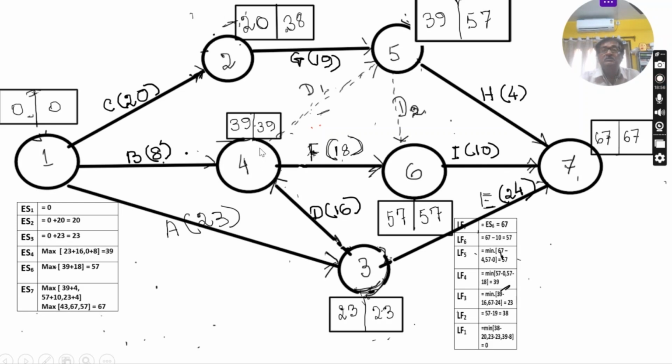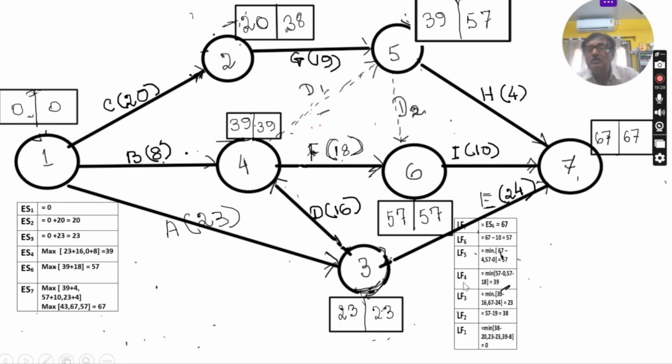What will be the latest finish time? The latest finish time for this is 57 minus 18. 57 minus 18 is 39, and this is 57 minus 0. The time value of dummy is 0. That means both are 39. That means the minimum in this case is 39. You can check it for S4.